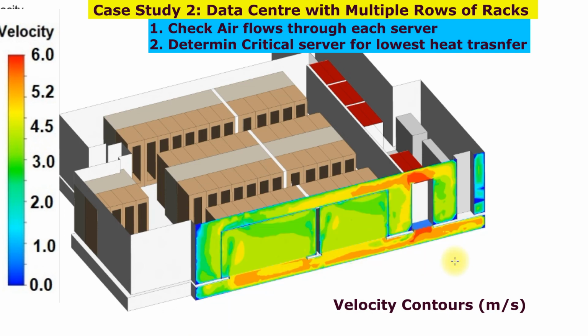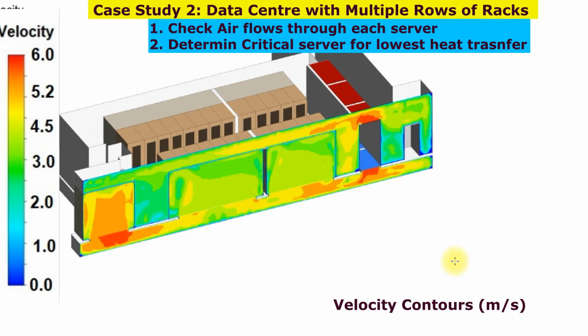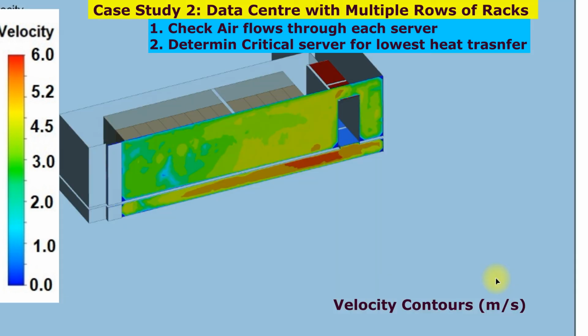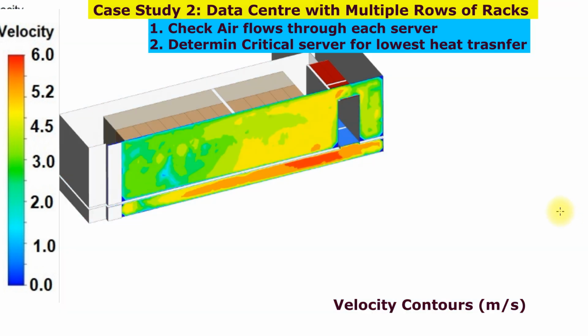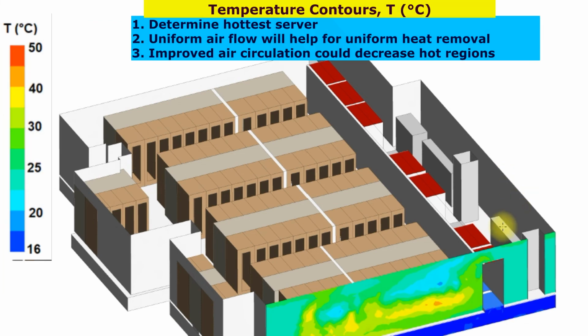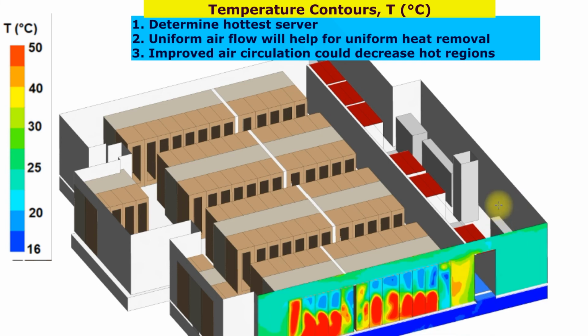Here you can see the sectional velocity contour. The most important CFD result is the temperature contour, because that should be checked properly.